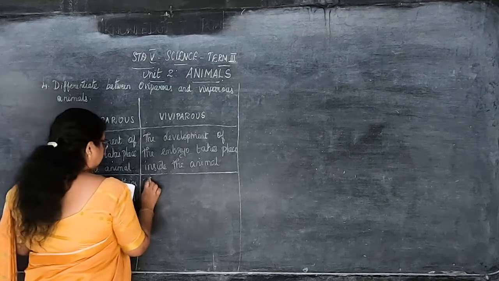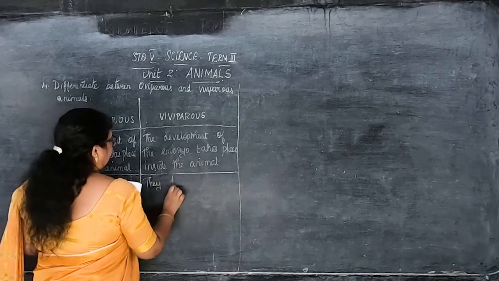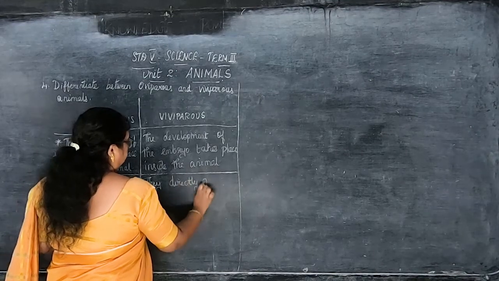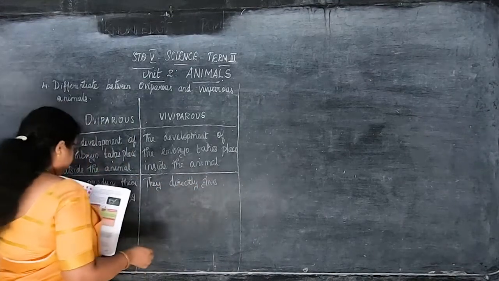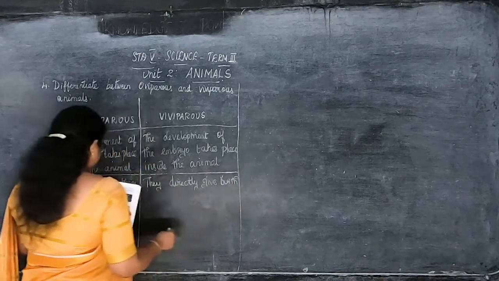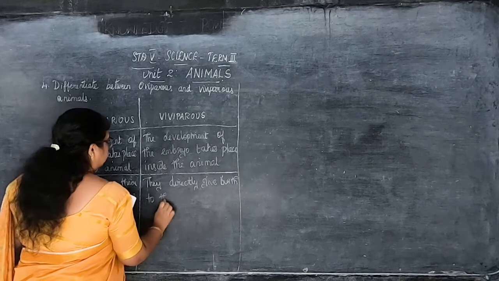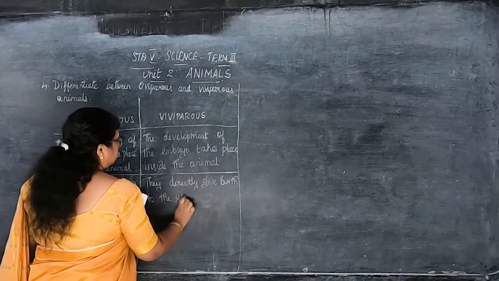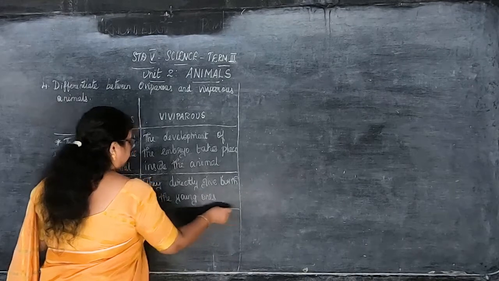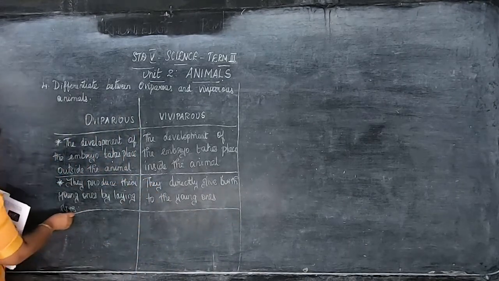In this viviparous, they directly give birth to the young ones. Okay, children, this is your second point.